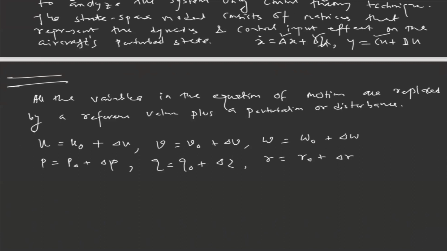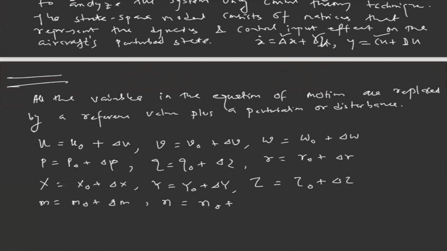And similarly, if you apply the perturbation to the force terms, we can write X equal to X naught plus delta X, Y equal to Y naught plus delta Y, and Z equal to Z naught plus delta Z. And similarly, in the moments, M equal to M naught plus delta M, N equal to N naught plus delta N, and L equal to L naught plus delta L.